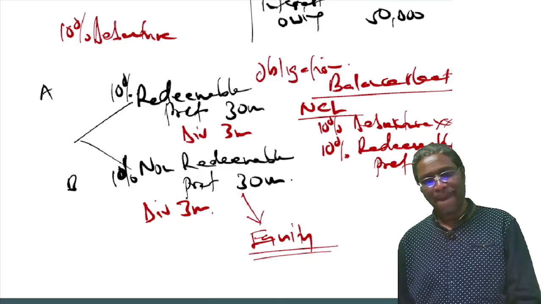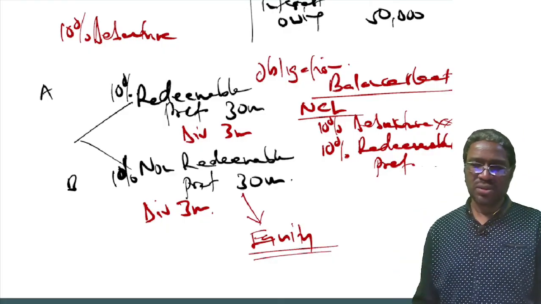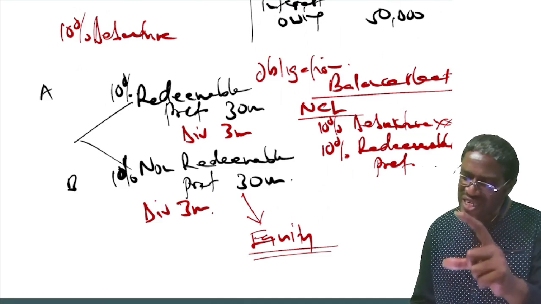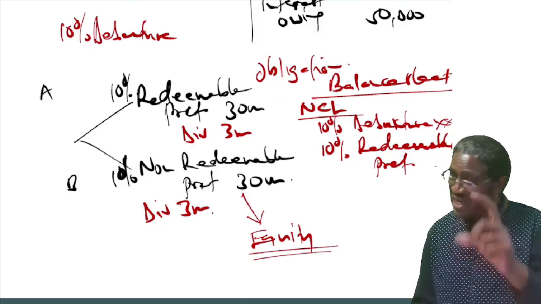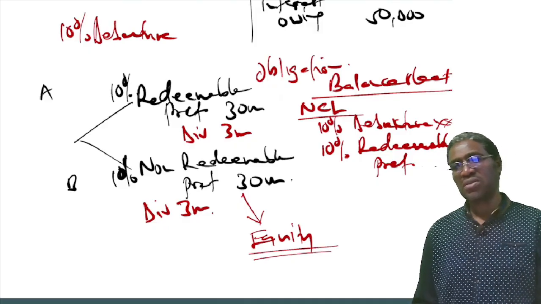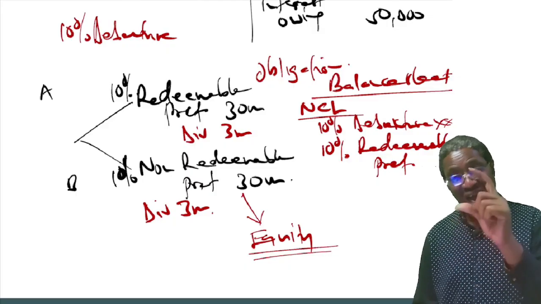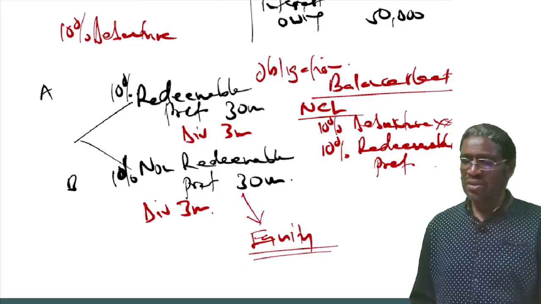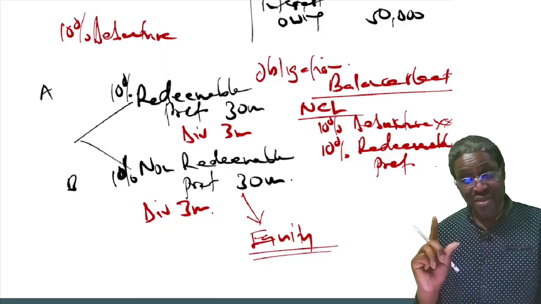Now listen. The question again is this. These two companies, will they treat their dividend the same way? Will they treat their dividend the same way? The answer is no. Listen, the answer is no. For company A, don't forget, for them it's a liability.